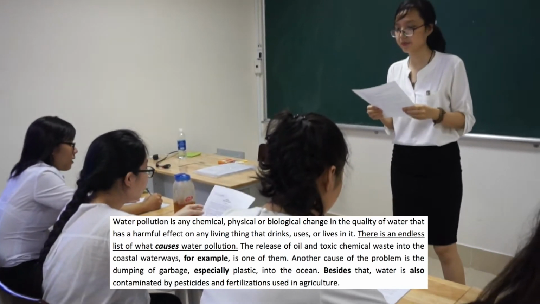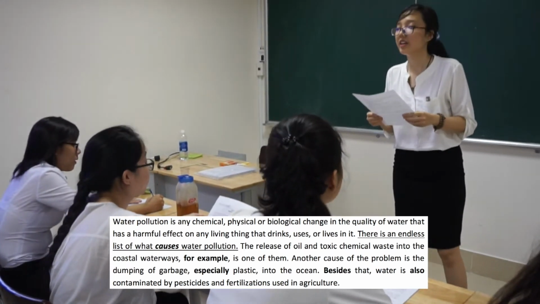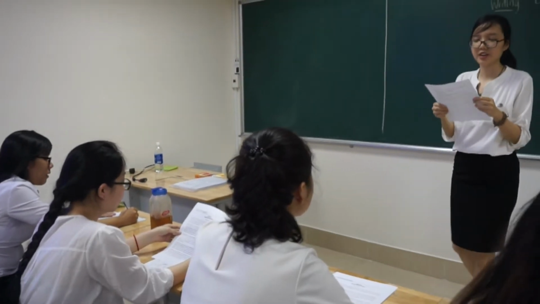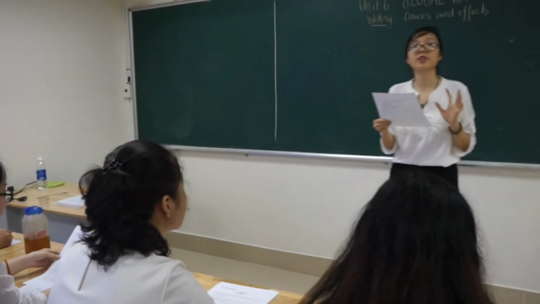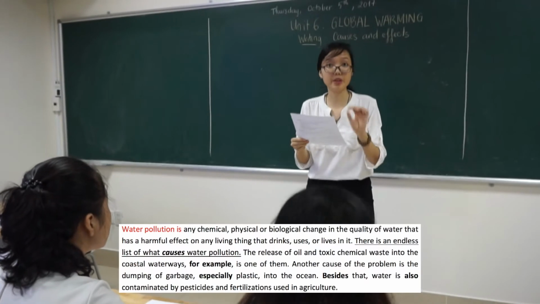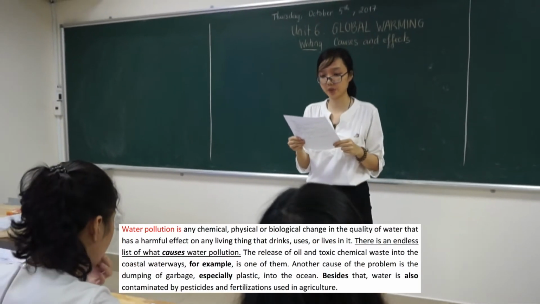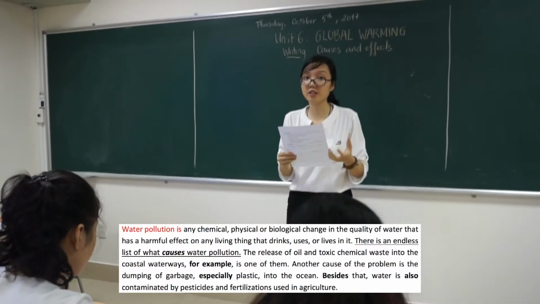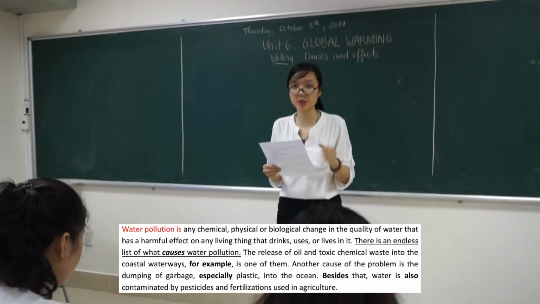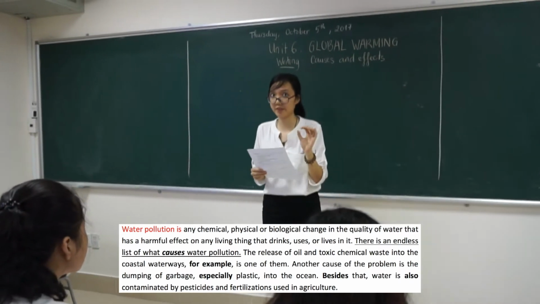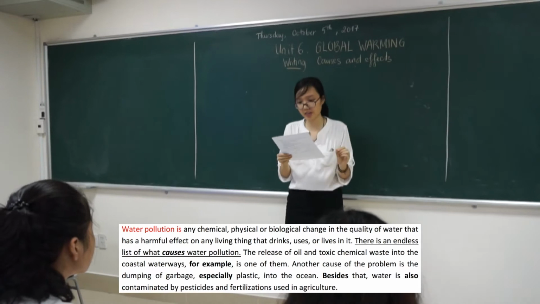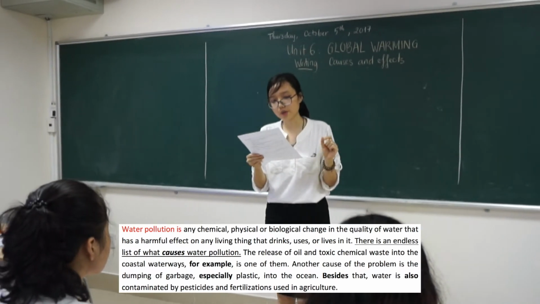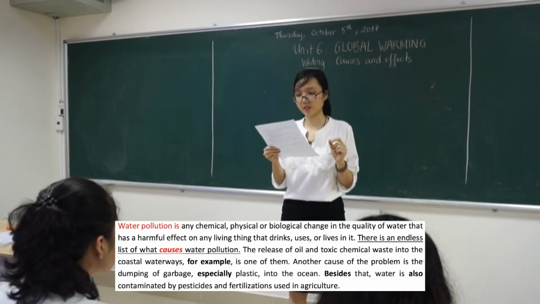Also, a list of causes of water pollution. Yes, that's right. So the main idea of the first paragraph is a brief definition of water pollution. Since this is the cause and effect and solution essay, just give a brief definition of a problem that you're going to discuss, and then followed by the causes.